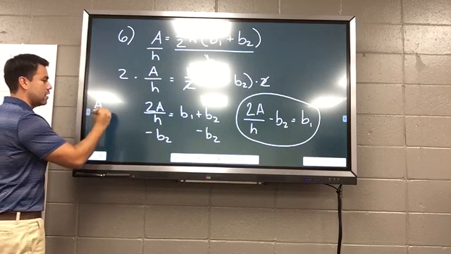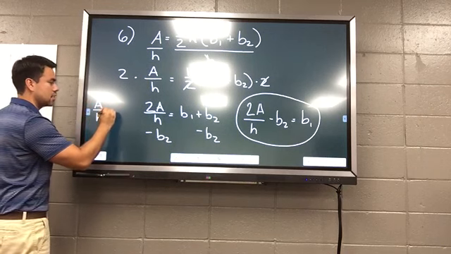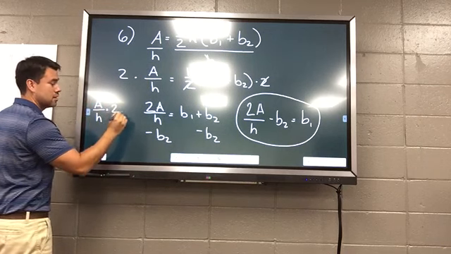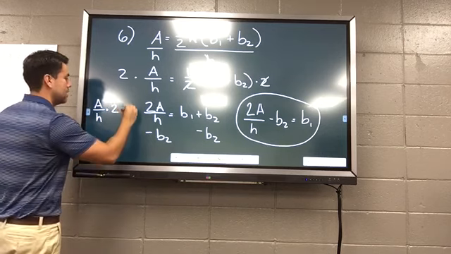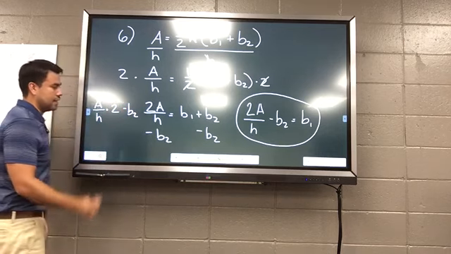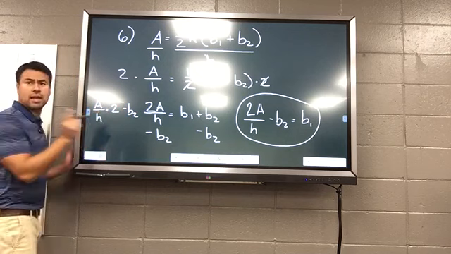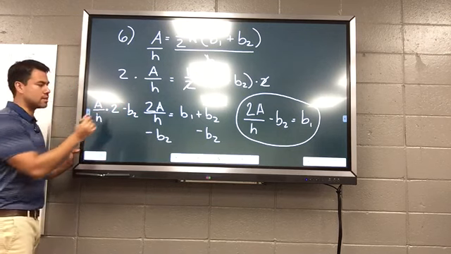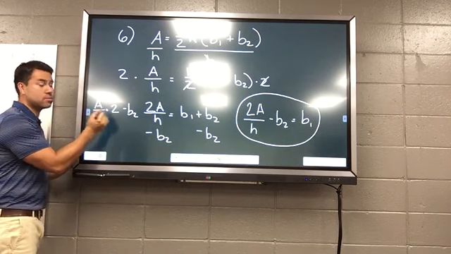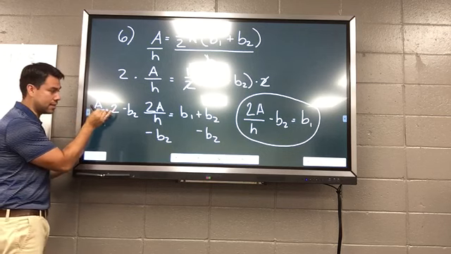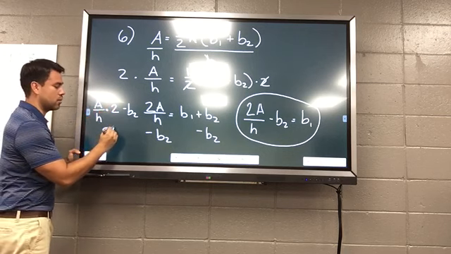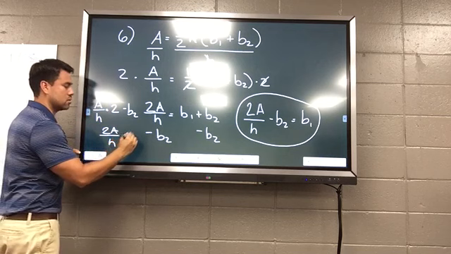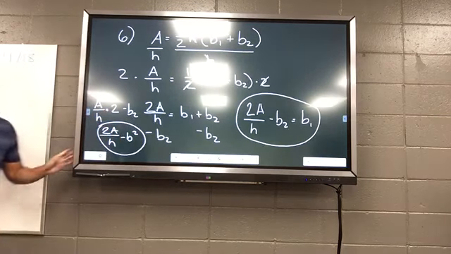So A over H times 2, minus B sub 2. Someone asked me last class, should I put a dot or should I put them together? Put them together. So combine these together, and you get 2A over H minus B sub 2. Same thing.